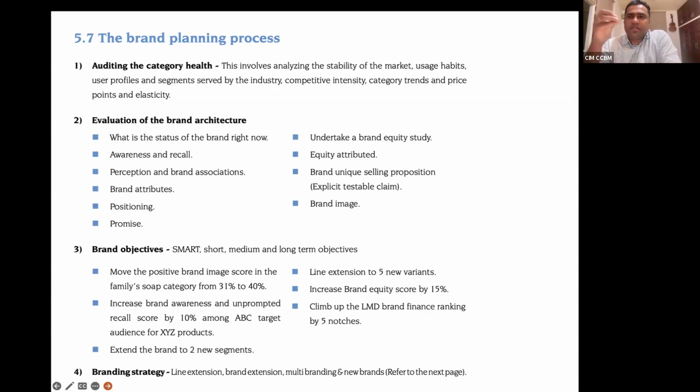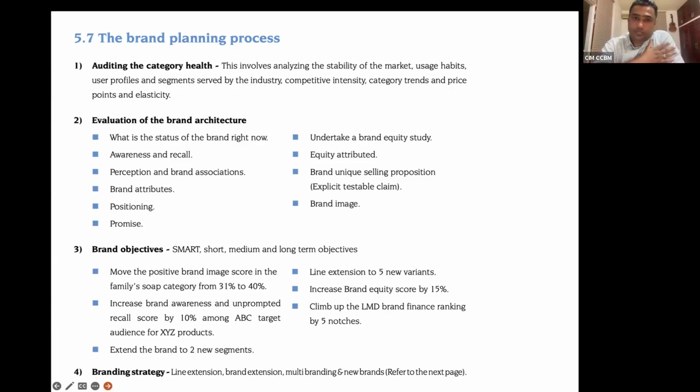The first step in the brand planning process is to audit the brand, or you audit the category, the health of the category. This involves analyzing the stability, usage habits, user profiles, segments served, competitive rivalry, trends, pricing, all that.